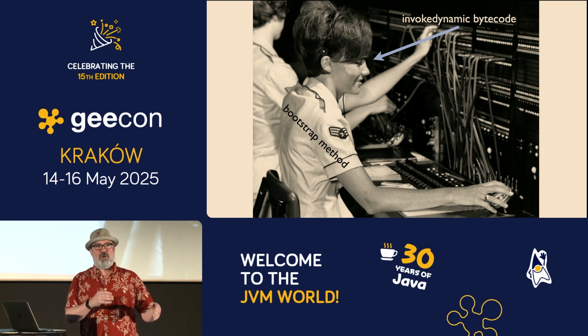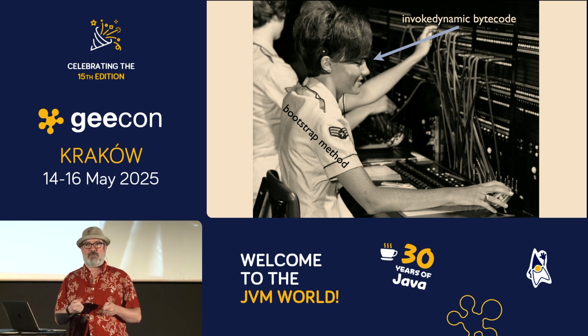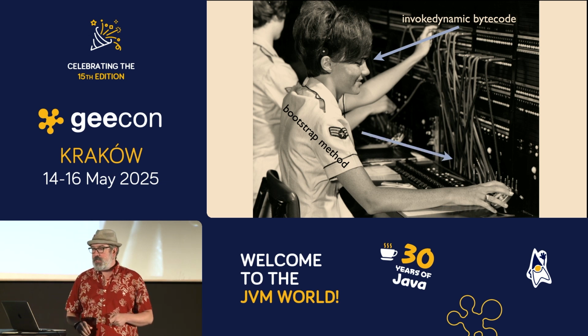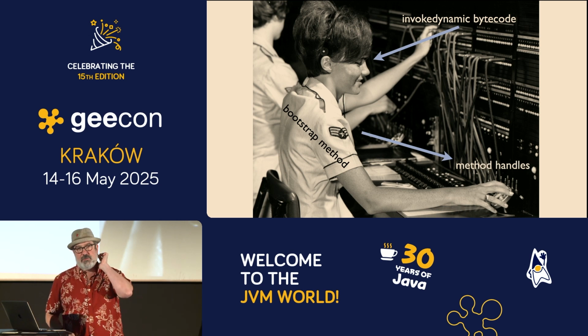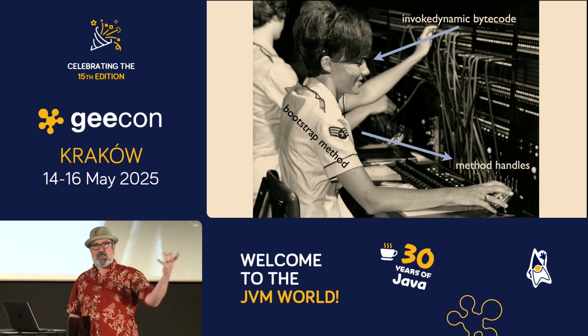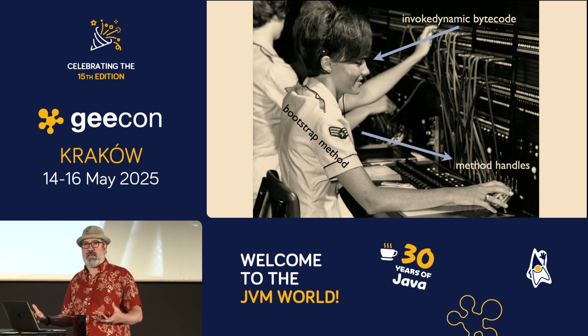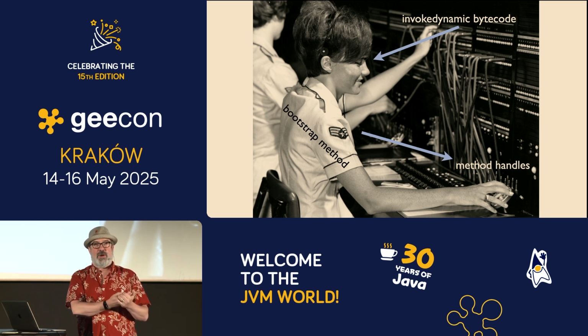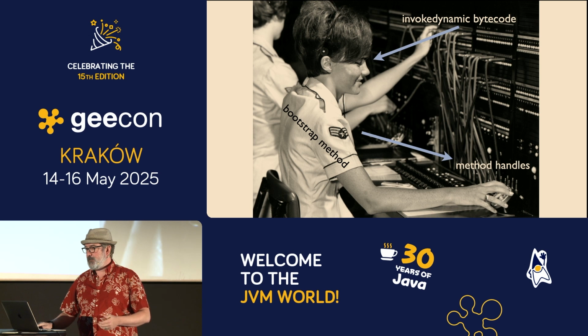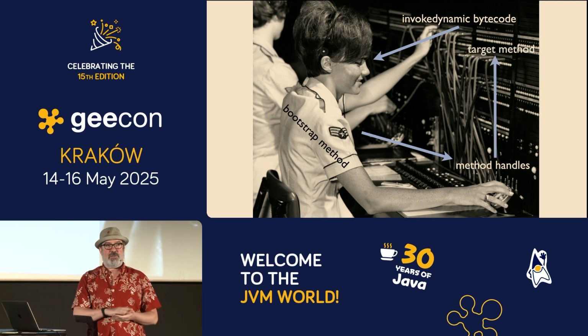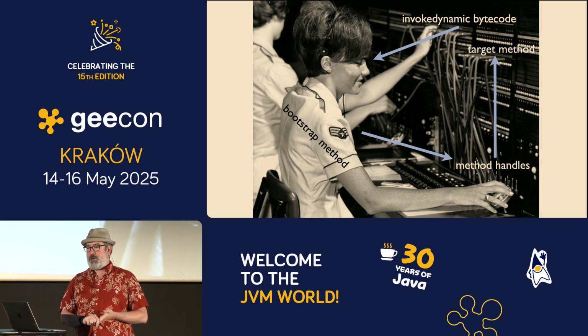The switchboard operator knows how to find the right place for this call to go, plugs it into the switchboard using method handles. So our method handles take the arguments that are coming in, takes the name of the call and the object we're calling against, and finds the right method pointer to wire into this call site. We pass that back to the JVM in our InvokeDynamic bytecode.